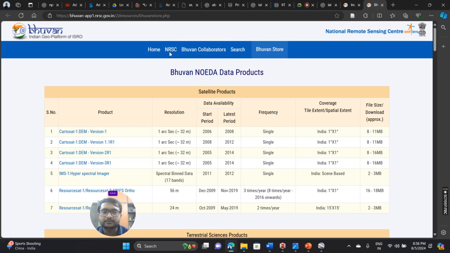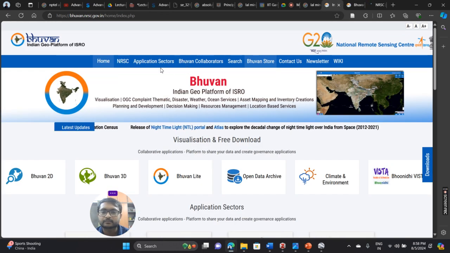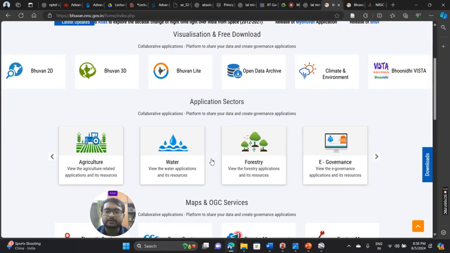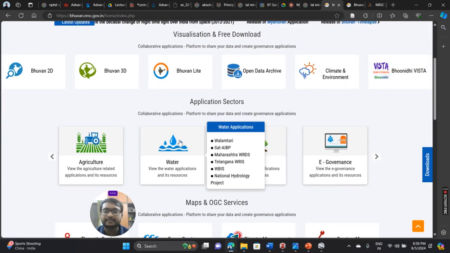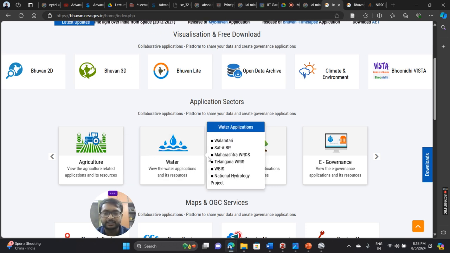Apart from that, if you go to the BHUVAN store, we have all the data sets and the application part for different sectors that they have created, available from these individual portals. So you can look into it. This one is the National Hydrology Project.